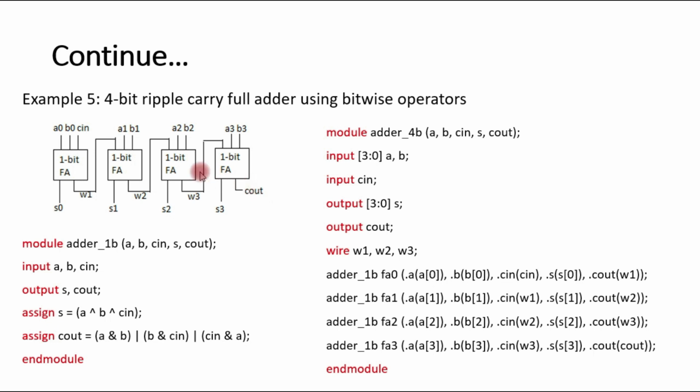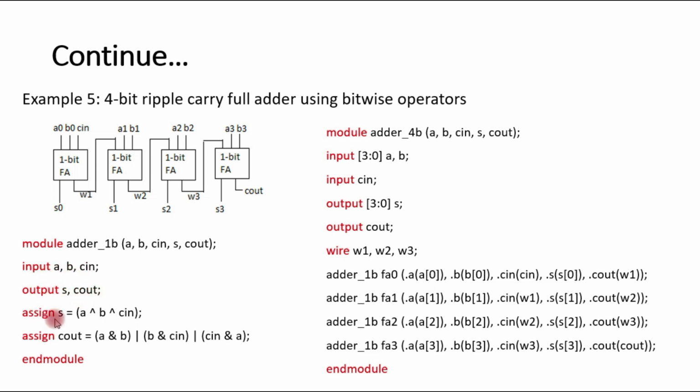So first we are writing the Verilog program for the 1-bit full adder circuit. So here this program is for the 1-bit full adder circuit. Module name is adder_1b, that is 1-bit number, and here we are assuming inputs are A, B and Cin, and outputs will be S and Cout, and these input and output signals are 1-bit numbers. So here input A, B, Cin, output S, Cout.